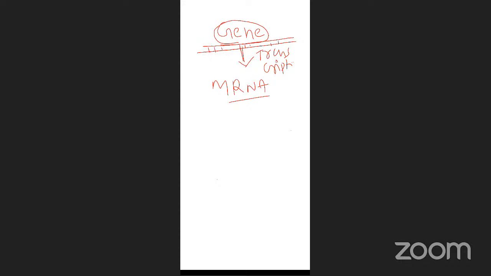The gene has introns and exons present. So the first product is unmatured mRNA, in which introns and exons are both present. Later, the introns are removed and only exons remain. Now it is fully matured mRNA.